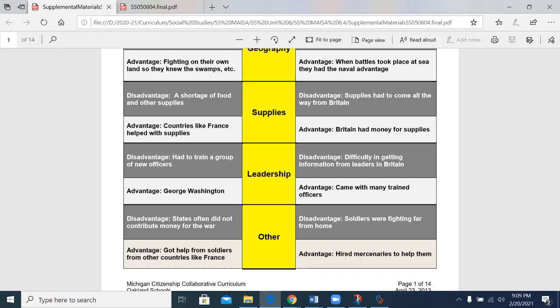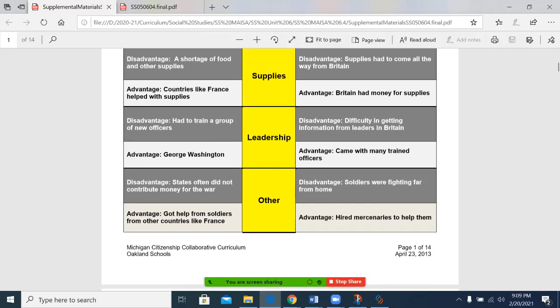A British disadvantage is supplies had to come all the way from Britain. If you thought it was bad that you had to walk up the street to get something, try going 3,000 miles. It's a long ways. The advantage, though, is the British could actually afford the supplies that did come. So there is a positive there.